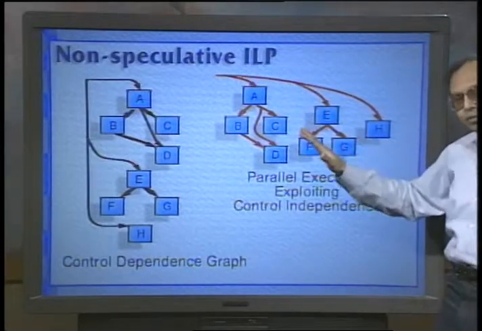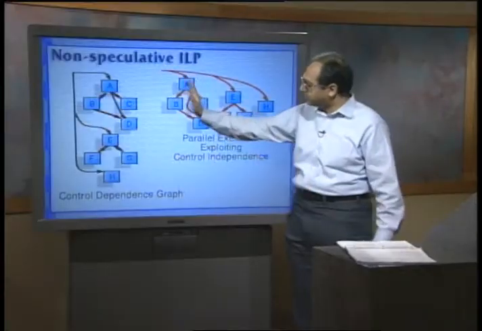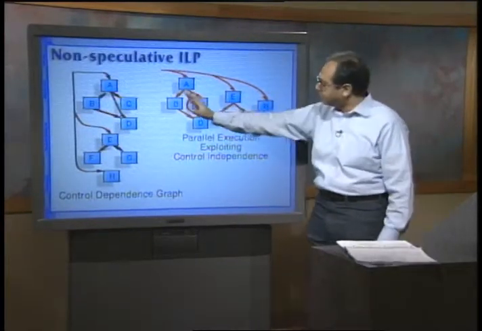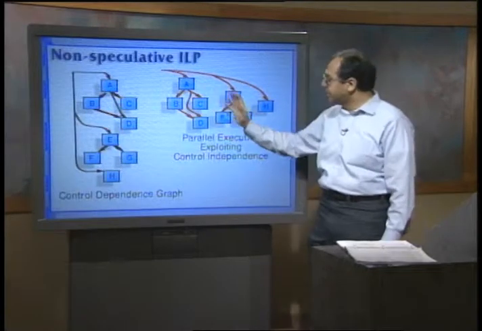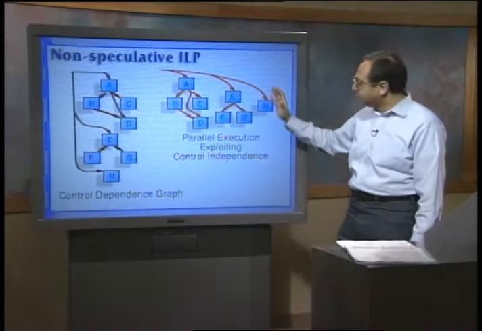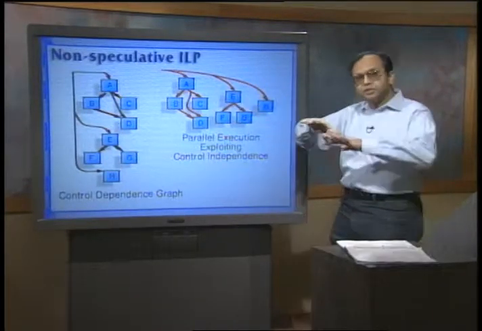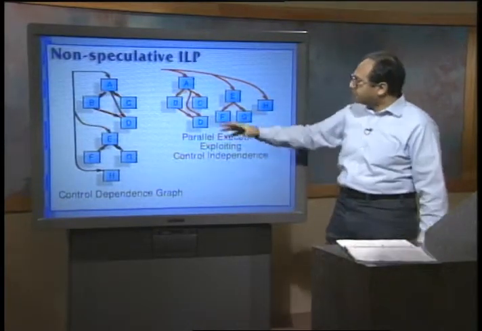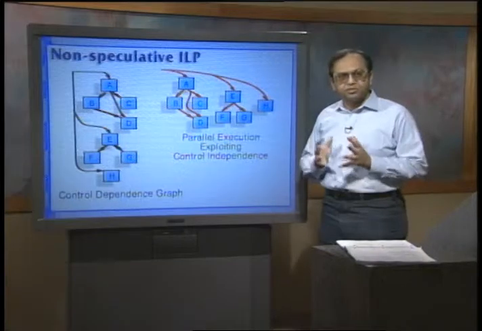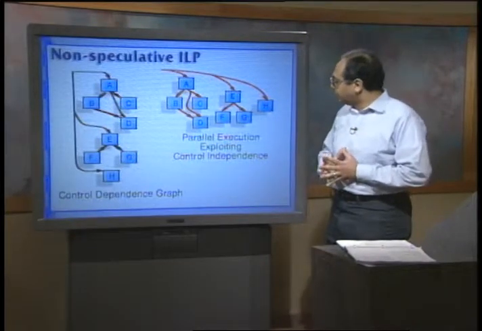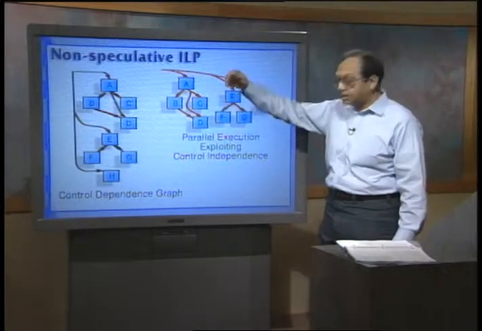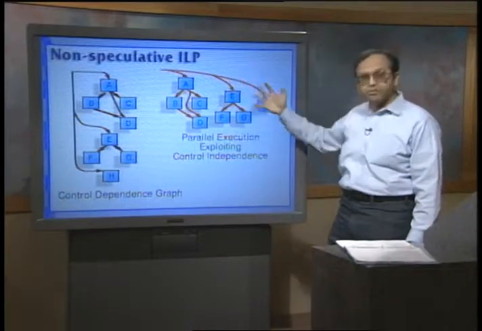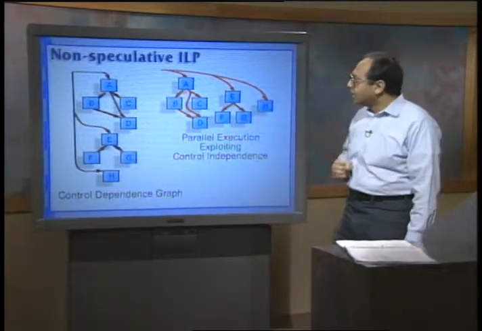So I'll have two versions of code, one corresponding to it having branched this way and executing in parallel with this, and the other corresponding to it having branched the other way and executing in parallel with this. Then we run into the next branch. We'll split those two pieces of code into 4 pieces of code, and so on. And so with a fairly large explosion in code size, we could end up with a single locus of control program which exploits all of this parallelism.